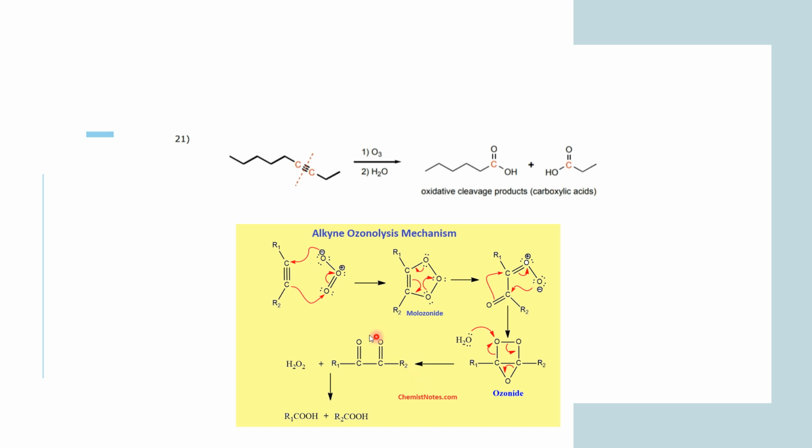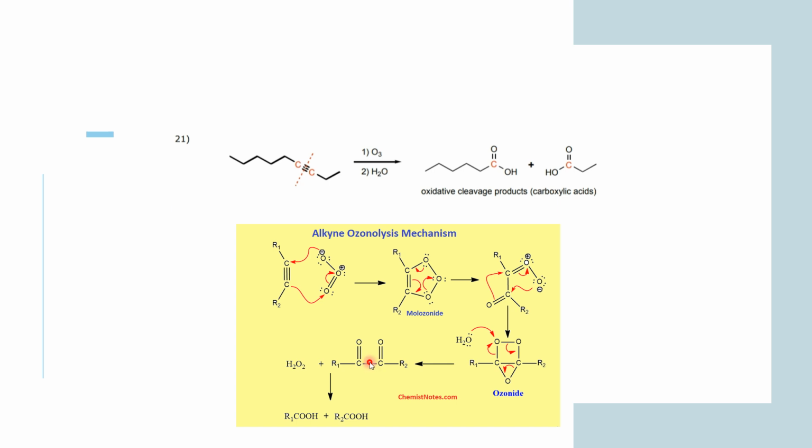So, in the later stage of ozonolysis of alkynes, we treat this dicarbonyl compound with hydrogen peroxide, which will lead to the cleavage of this carbon carbon bond.